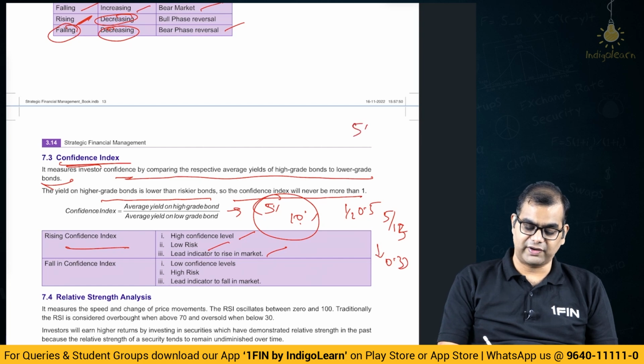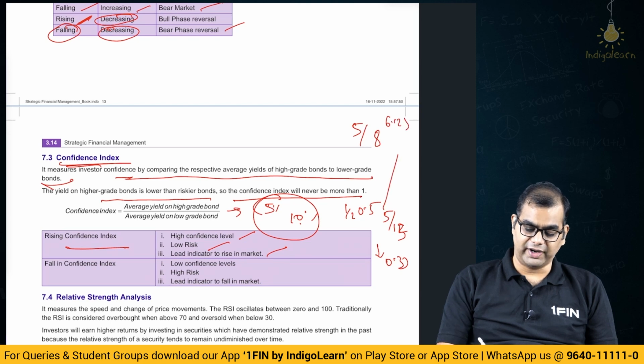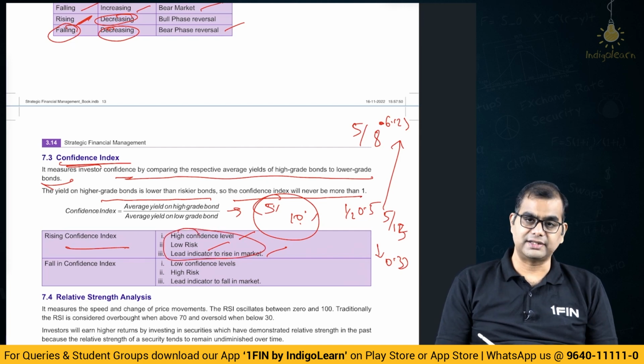Whereas 5 by 8 is 0.6125. It has moved up, which means there is an increase in confidence and in future the market will rise. What is a fall in confidence? Low confidence levels, high risk, a lead indicator of a falling market, exactly the opposite.